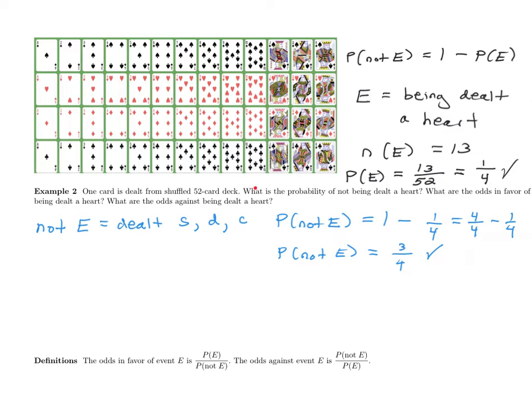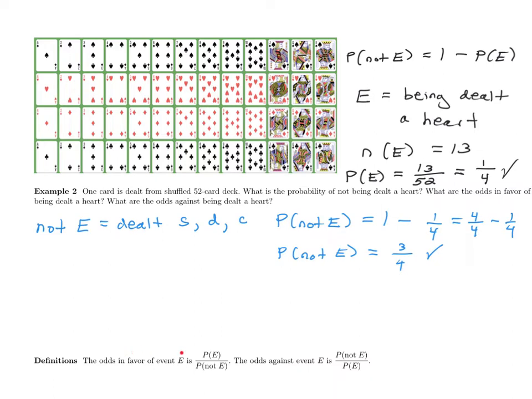Now that is the first part of example 2. The second 2 questions ask, what are the odds in favor of being dealt a heart? And what are the odds against being dealt a heart? And so here we're introducing a new term, and that is odds. Down here I have the definition. So there are 2 definitions, one for odds in favor and one for odds against.